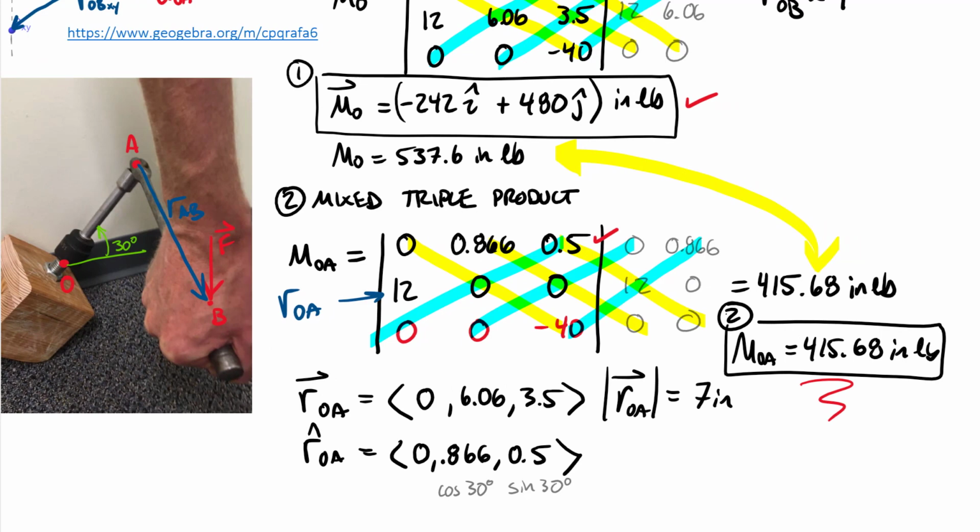So around 80 or so percent of the moment around point O is actually going along line OA, so it's useful for loosening that bolt. I hope this is a useful example to get you thinking about how these moments about a line work numerically, and also why we'd want to use them in a physical scenario.